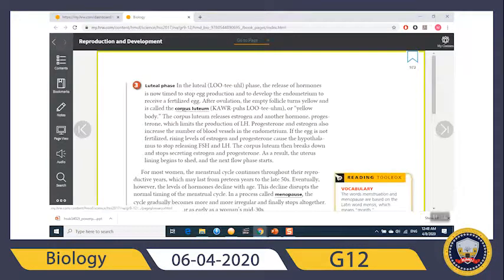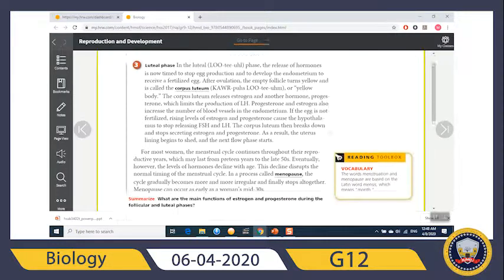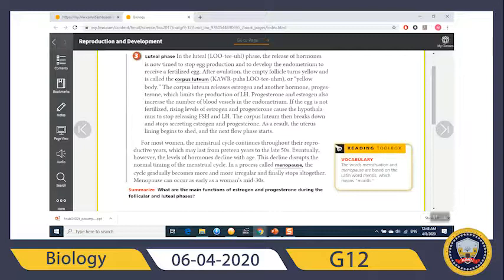Now, the corpus luteum, or yellow body, releases estrogen and another hormone, progesterone, as I mentioned, which limits the production of LH and FSH. Okay. And the corpus luteum then breaks down and stops secreting estrogen and progesterone. As a result, the uterus lining begins to shed if the egg is not fertilized.